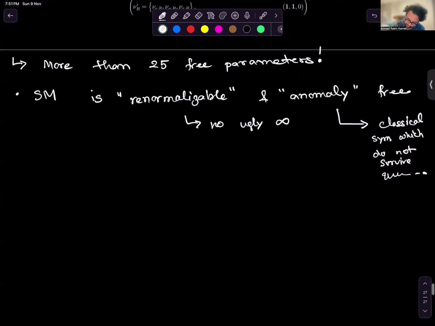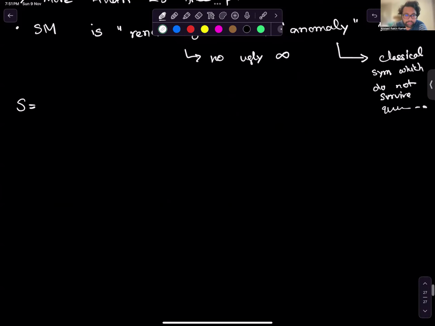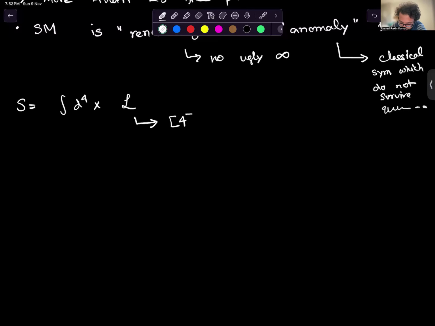And the standard model Lagrangian, of course, you know that somehow we live in 4 dimensions, and this is in mass dimension. The Lagrangian has mass dimension 4, this one -4, because the Lagrangian needs to have mass dimension 4 because the action is dimensionless.